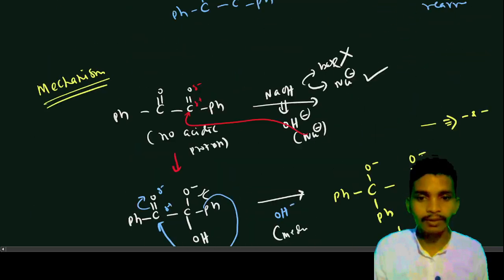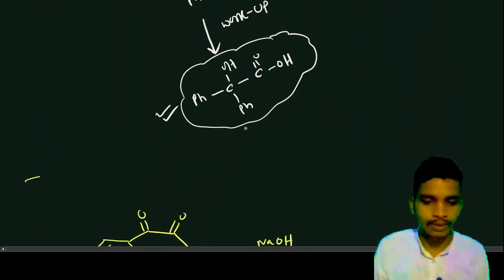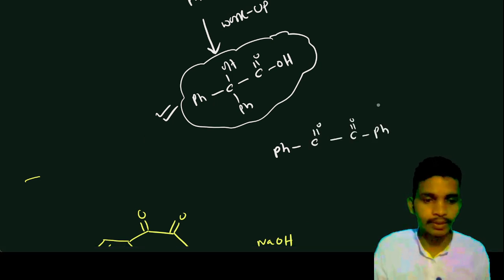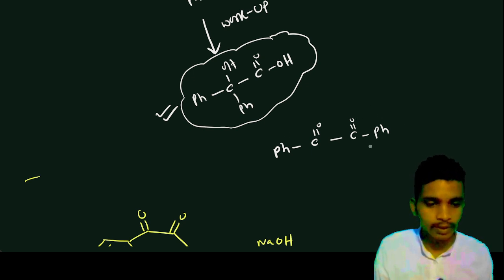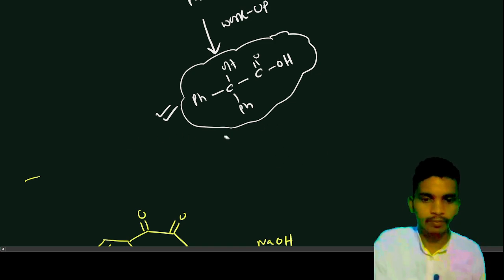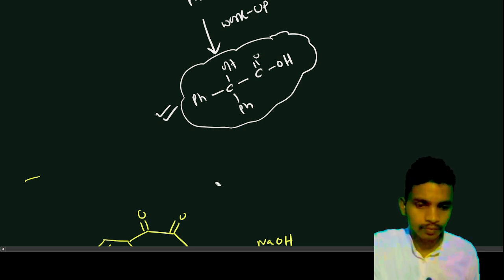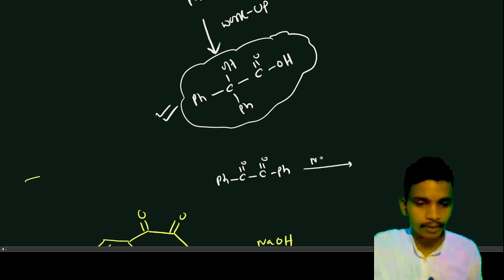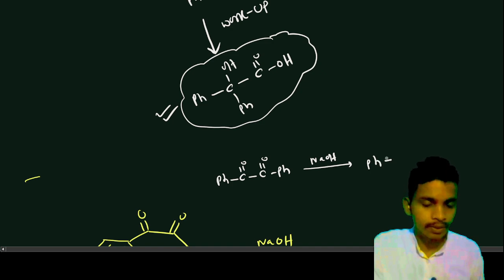So what we get here, we have this Ph, CO, Ph is there. If you do this, you can write Ph, CO, Ph, and if you have a basic medium, then what we'll get here is Ph.